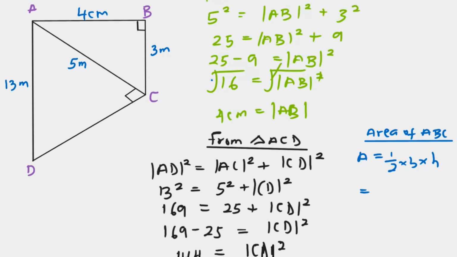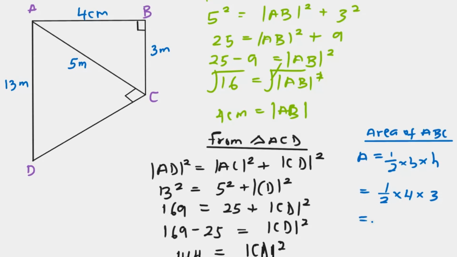It doesn't matter. So that means I'm going to get area equal to half times 4 times 3.